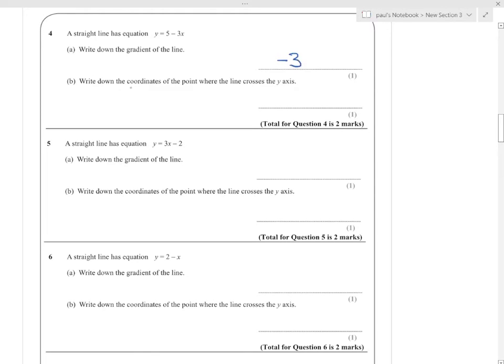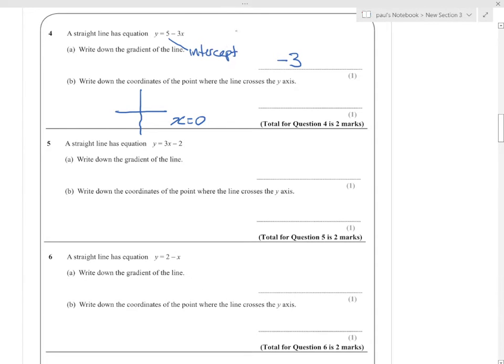Write down the coordinates of the point where the line crosses the y-axis. Right. So the coordinates where it crosses the y-axis, x must be 0. And this is the intercept there.